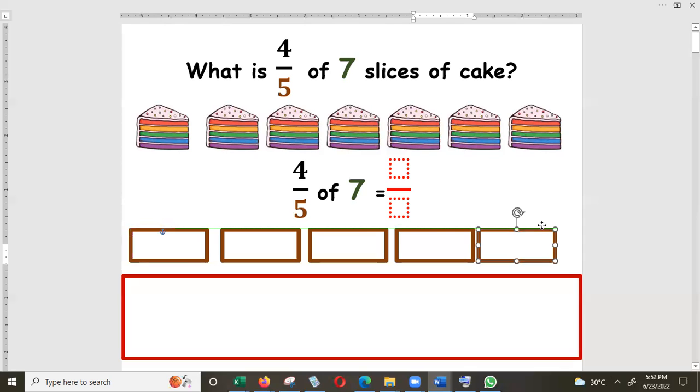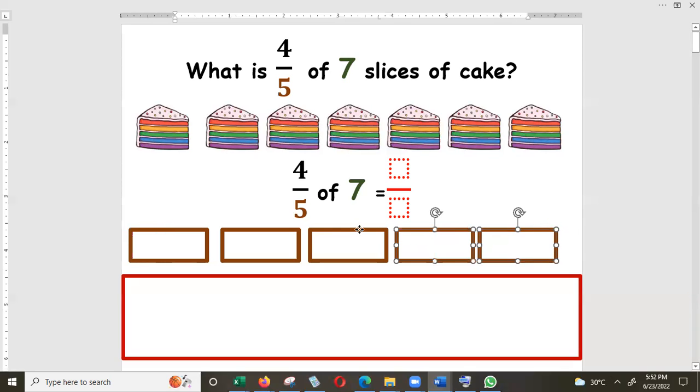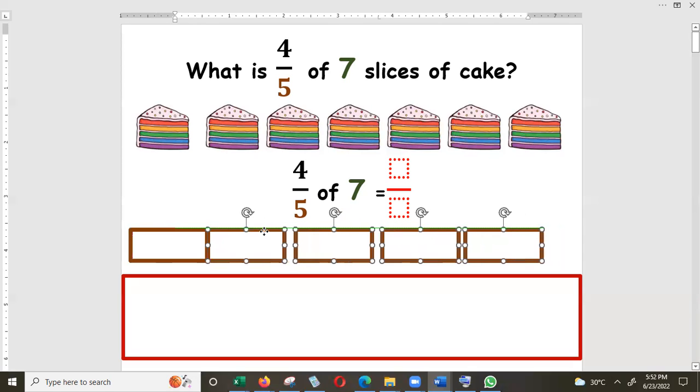So here we have our 5 groups. No, not 5 groups of 7, but 5 equal portions. Remember, it's 4 groups of 7 we want to divide by 5. Okay.